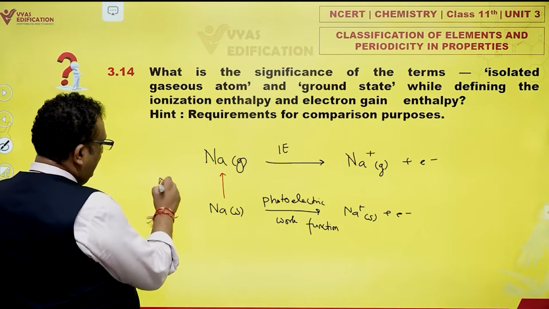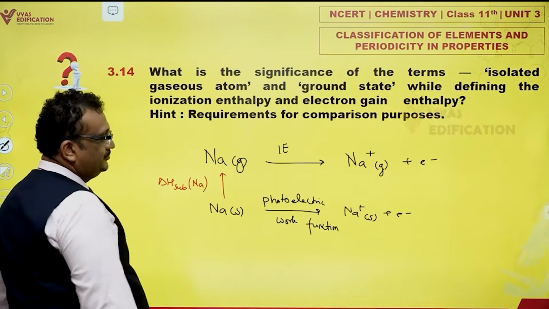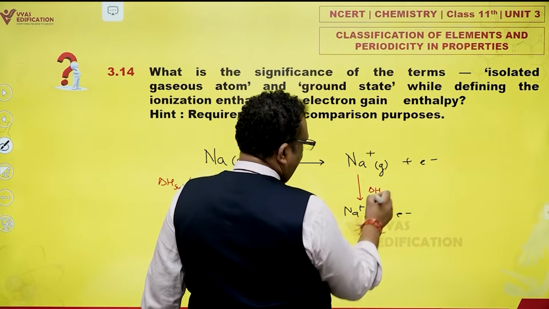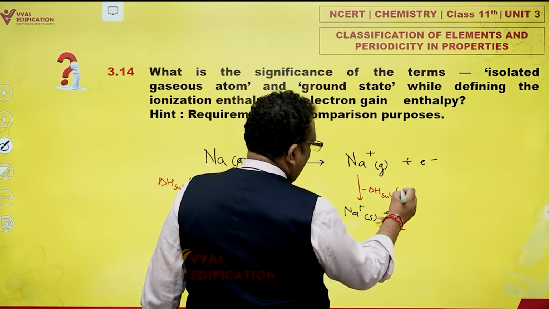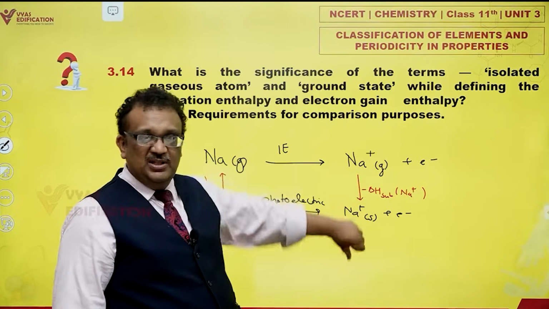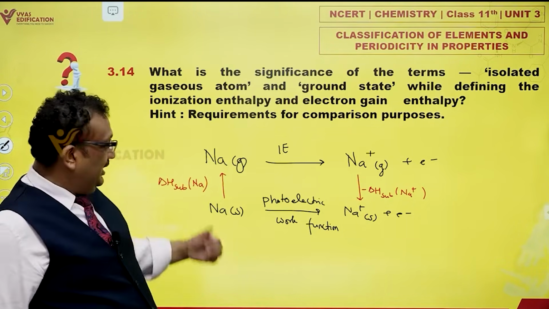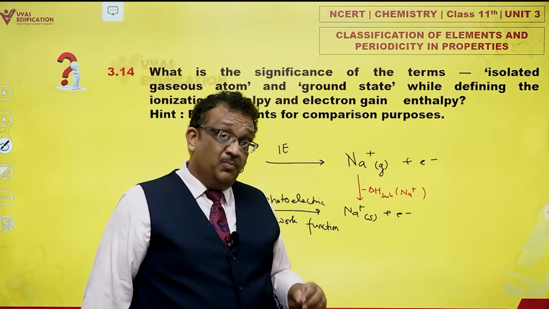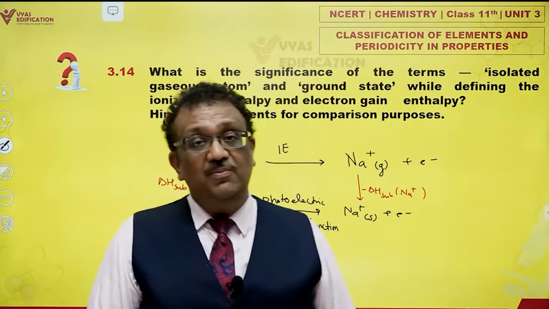This is delta H sublimation of sodium, and this is minus delta H sublimation of Na plus. This is sublimation, this is condensation or deposition. I hope you can see that the tendency of a sodium atom to undergo sublimation may be very different from the tendency of sodium ions to undergo sublimation.